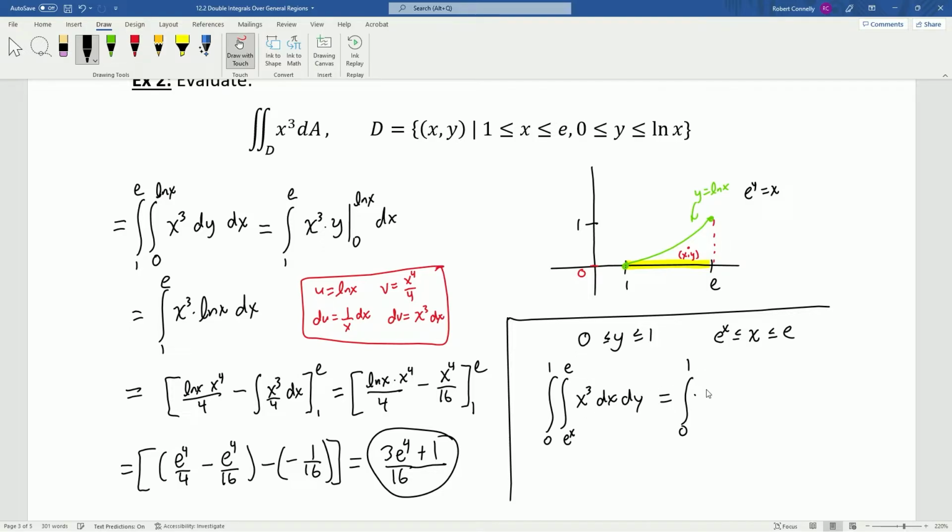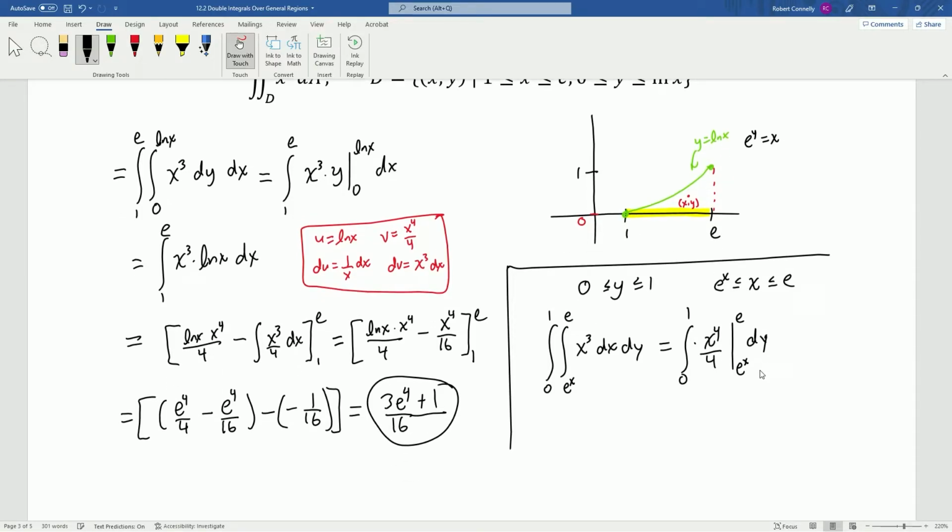So here we get x to the fourth divided by 4, evaluated from e to the y to e. Then with respect to y. So this gives us e to the fourth over 4, and we're still evaluating from 0 to 1, minus e to the 4y over 4, dy.